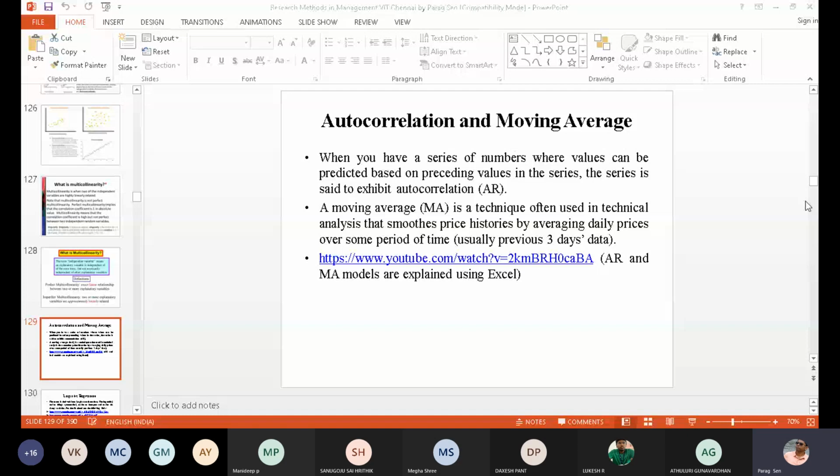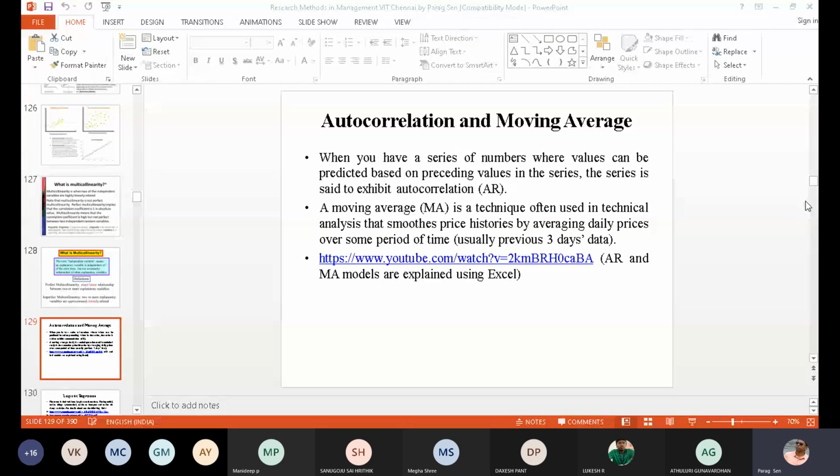Then, autocorrelation and moving average. Take a look at this slide. When you have a series of numbers where values can be predicted based on the preceding values in the series, it is said to exhibit autocorrelation.